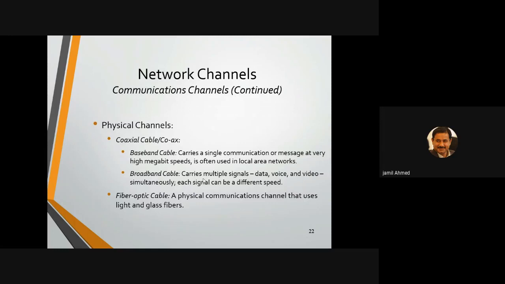One term is baseband cable, another term is broadband cable. Baseband has a limited capability to carry messages. Broadband can carry multiple signals, such as voice, data, and video, simultaneously. So baseband can be said to have less medium.